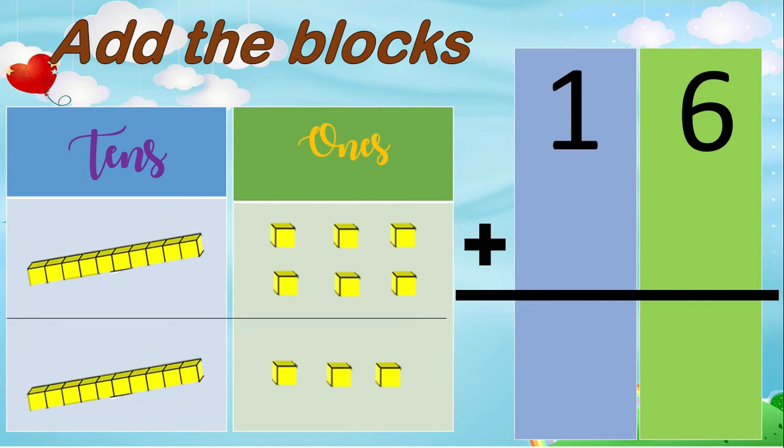Then below it, there is also 1 tens and 3 ones, so 1 in the tens place and 3 in the ones place. Since we have now gathered all the addends, we can start adding all the numbers and all the blocks in here.